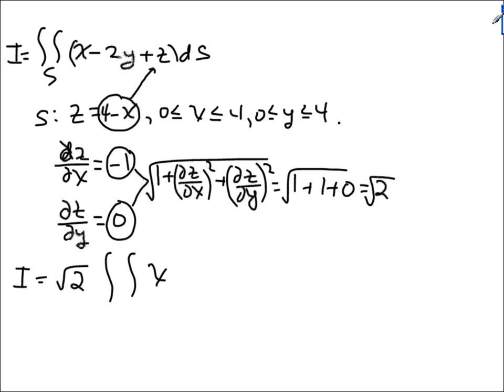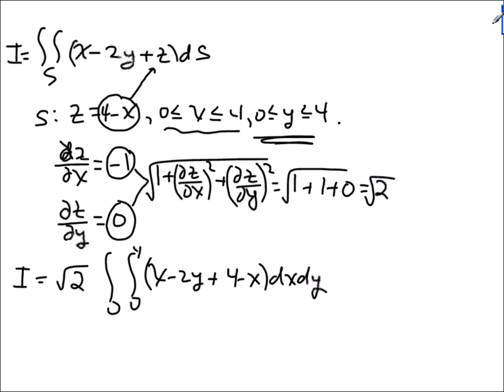So I get x minus 2y plus 4 minus x, dx dy. And x goes from 0 to 4, and y goes between 0 and 4. And of course, x take away x is 0. The square root of 2 just factors out.